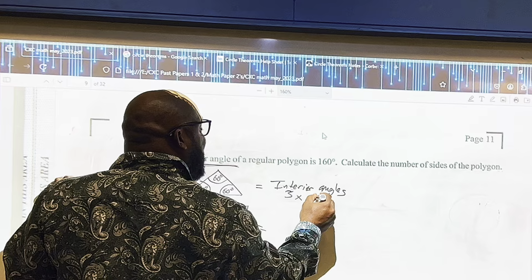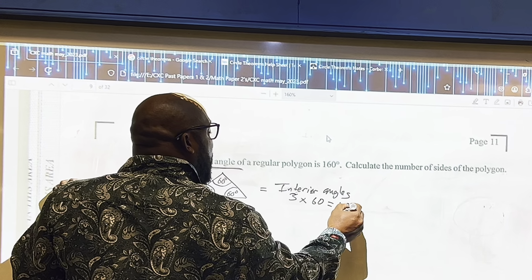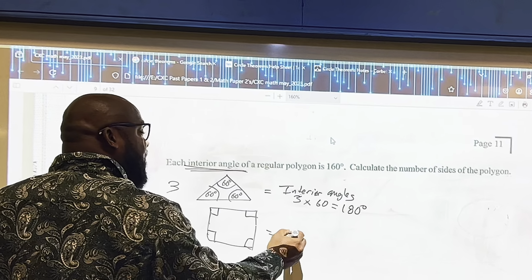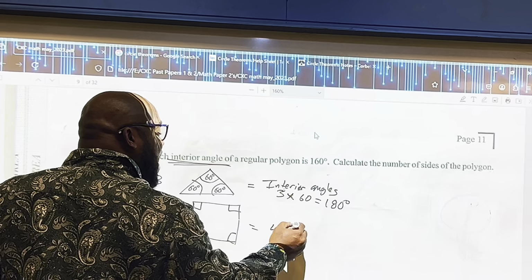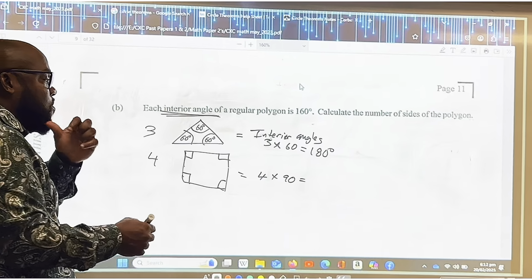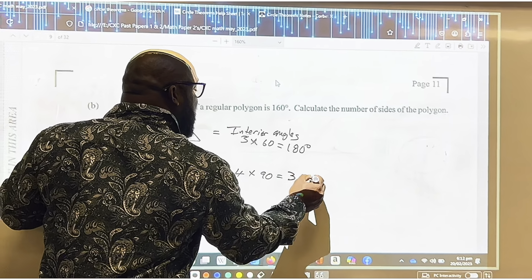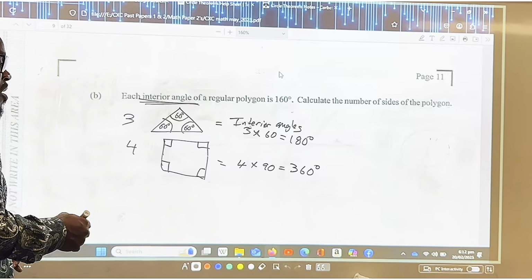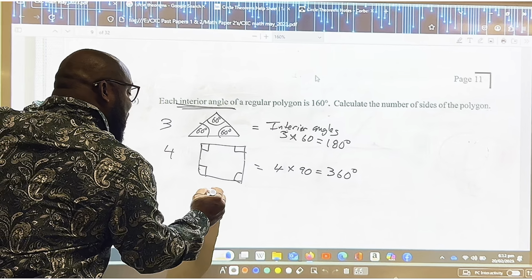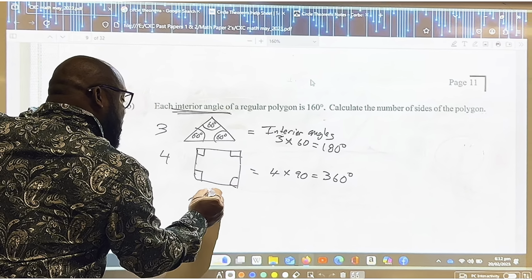We have 3 times 60 equals 180. We have 4 times 90, 4 nines are 36, so 360 degrees. Good. So now we have BAP.